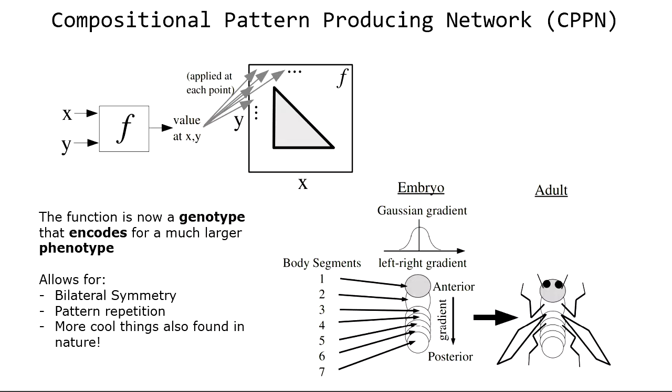And what you see here is that, because this function has some similarity across pixels, all the pixels have patterns within them, because they came from the same underlying generation function. So this allows for a lot of things that we see in nature, like bilateral symmetry and pattern repetition, and a lot of other cool things. For example, do you think in your DNA there's a separate place that codes for your left hand and your right hand?